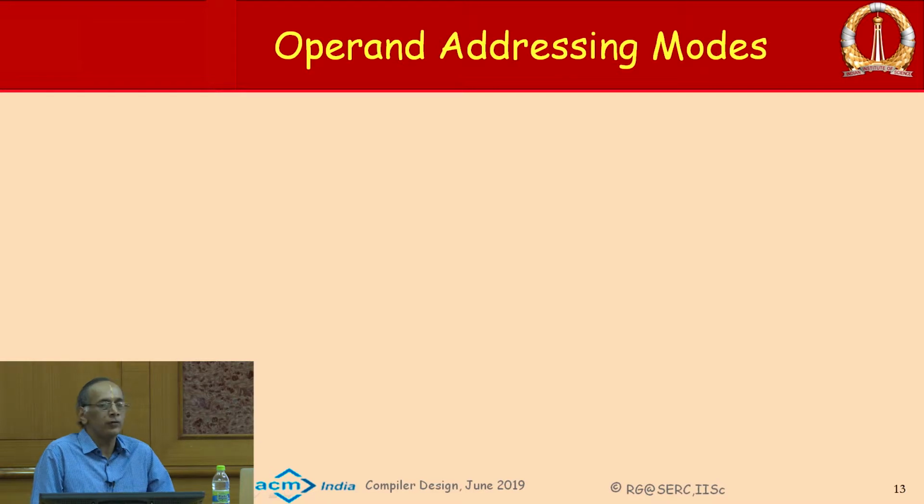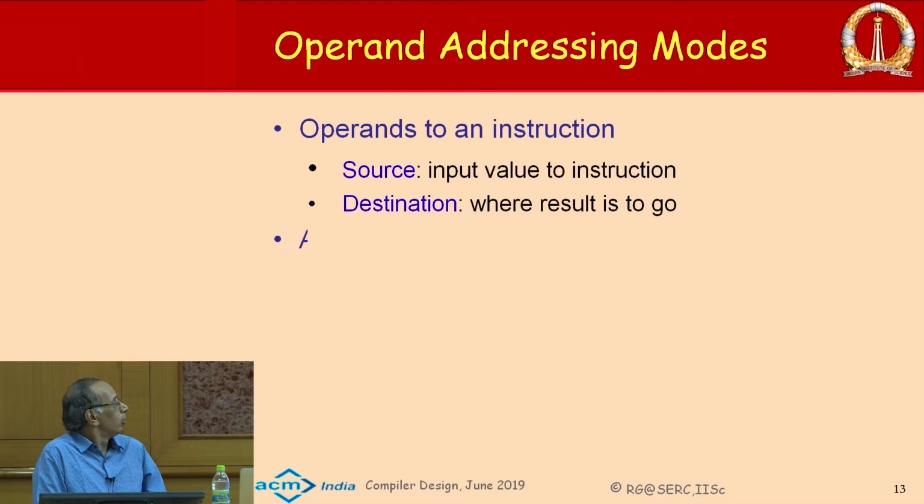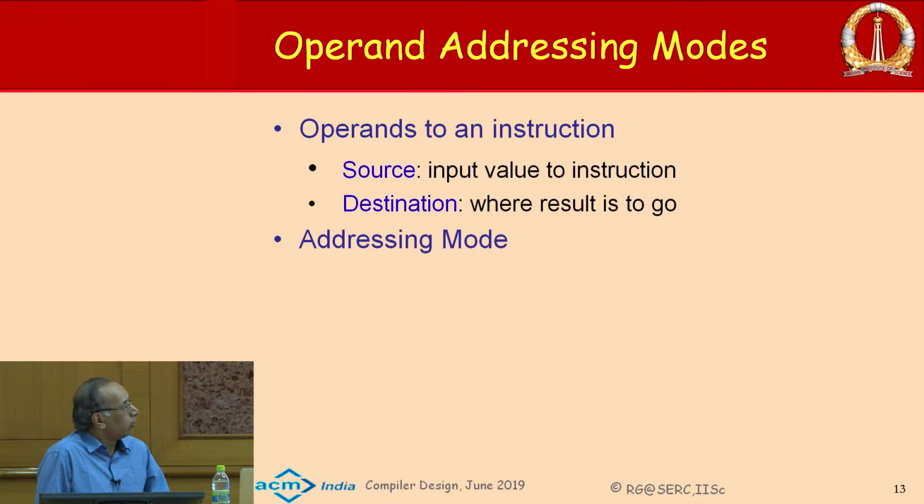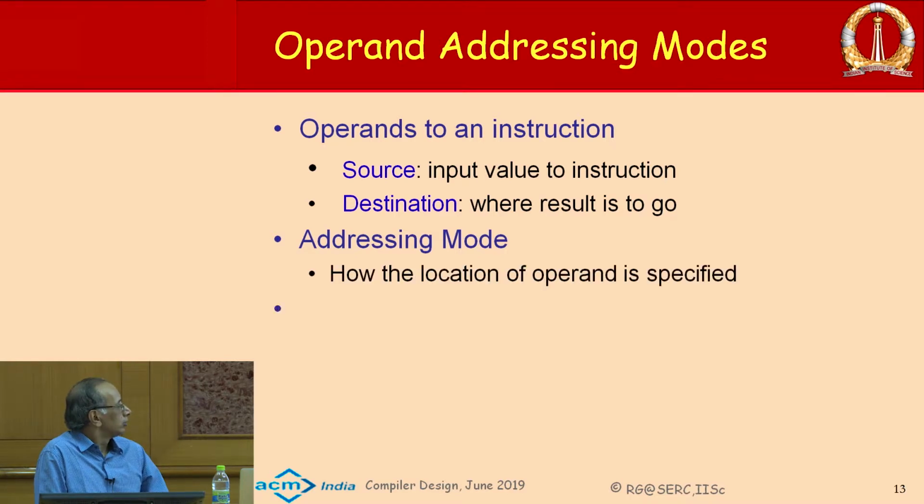So, how do you specify these operands as a part of your instruction, right? That's essentially what addressing mode is. Addressing mode specifies how to specify these operands. You have both source operands and a destination operand. There could be one or two source operands, and typically there is a single destination operand.